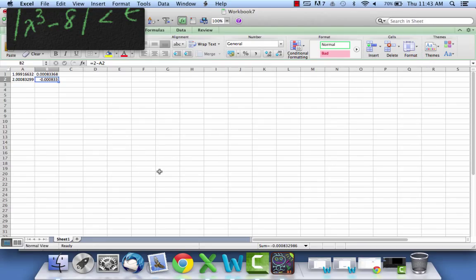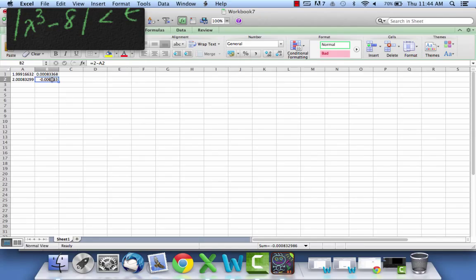So if I were to draw the little circle, not circle, but open set around 2, I would go in the one direction up 0.00833, in the other direction 0.008338.